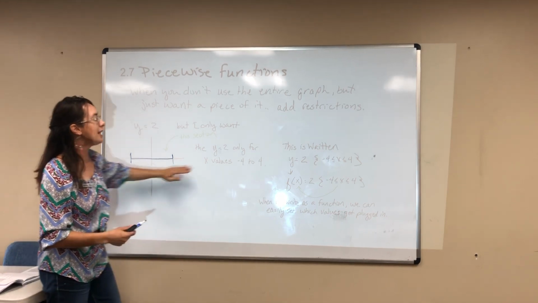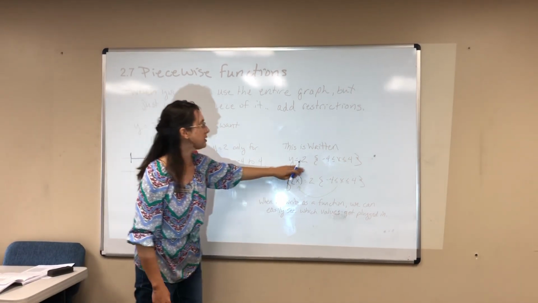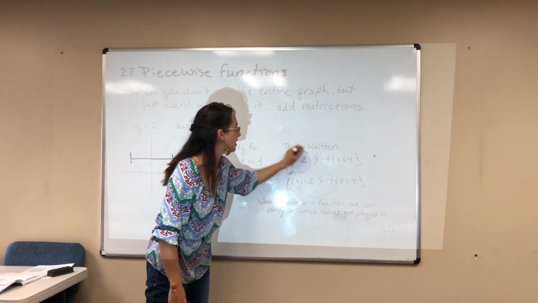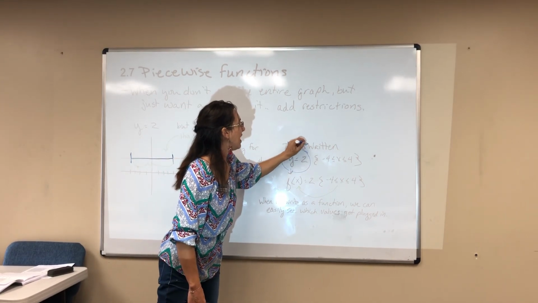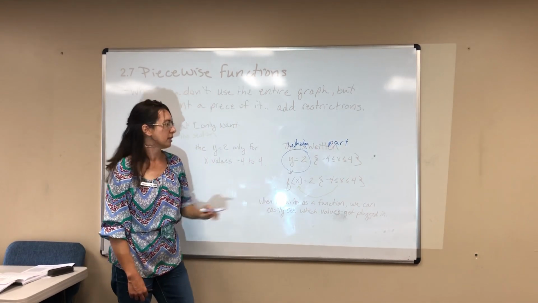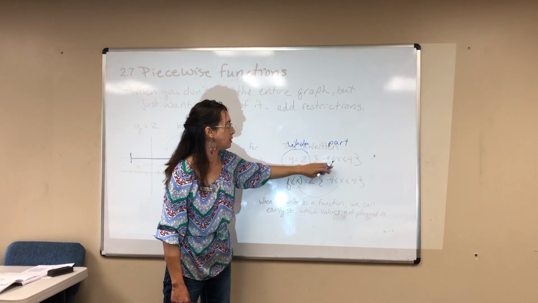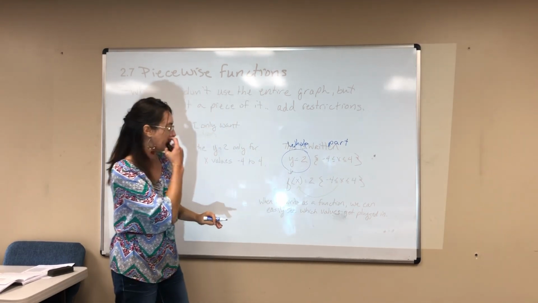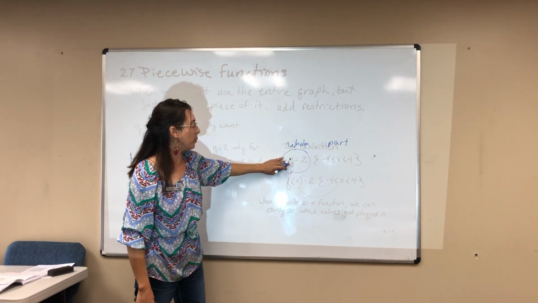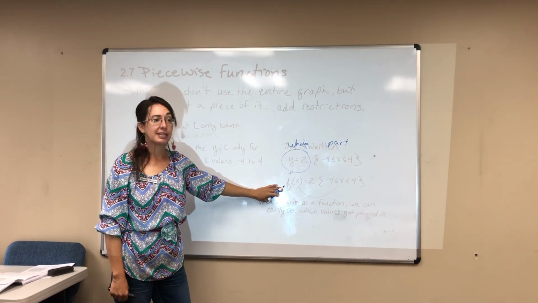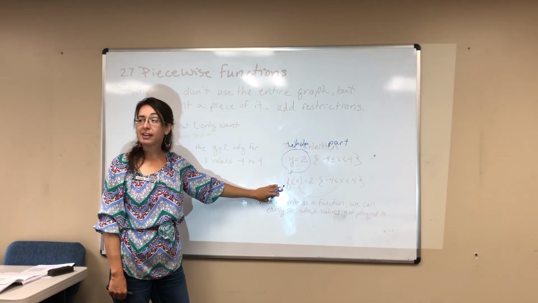So the way that I write it is I write y is equal to 2. So I tell you what my line is. This is the whole thing. And then I tell you which part I want. So x values between -4 and 4. All right? Now, remember, we can rewrite y as f of x. Same thing. It's just a different name for it.